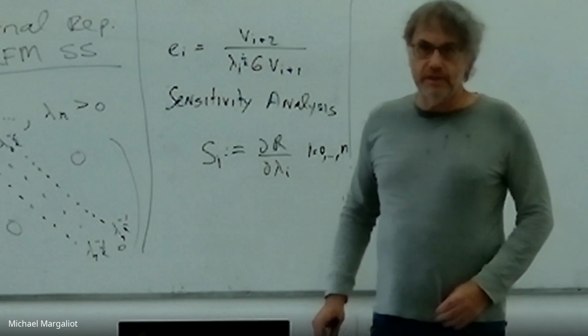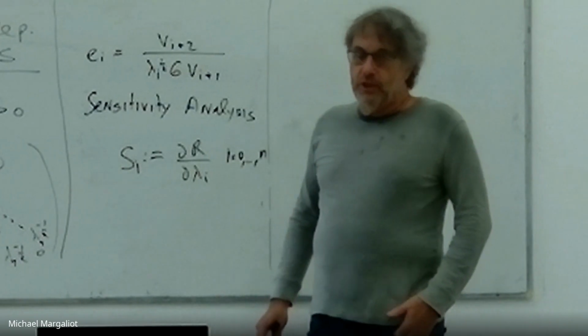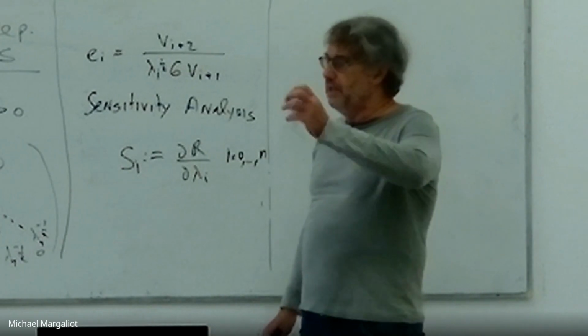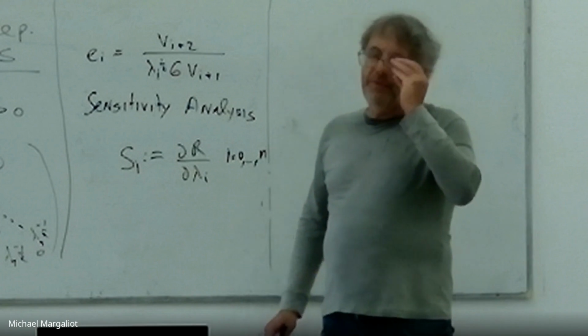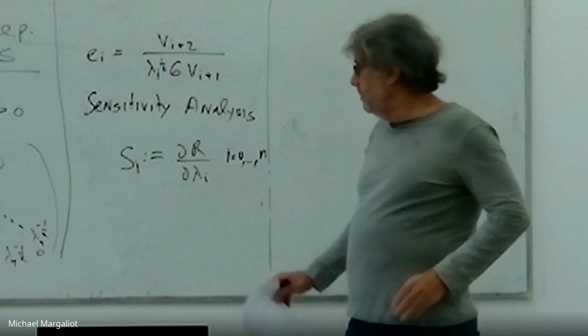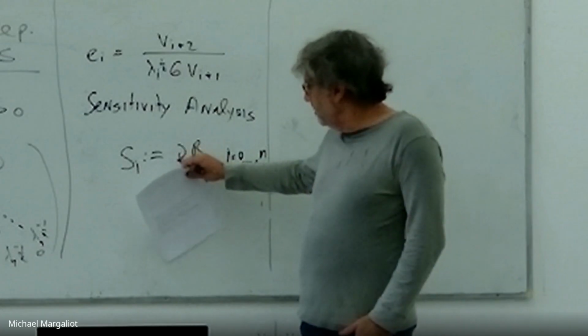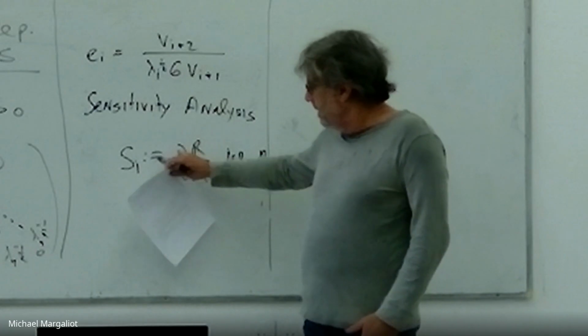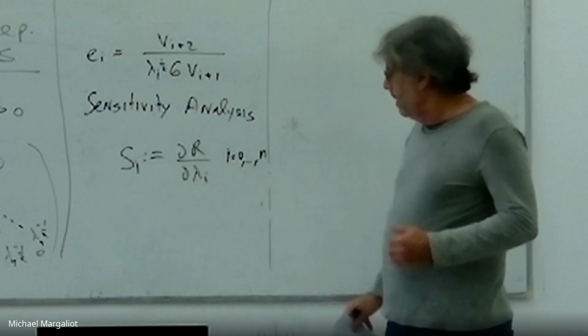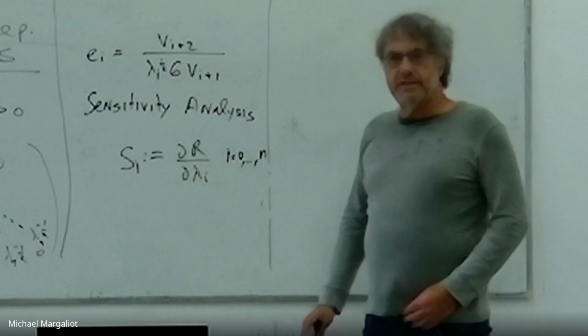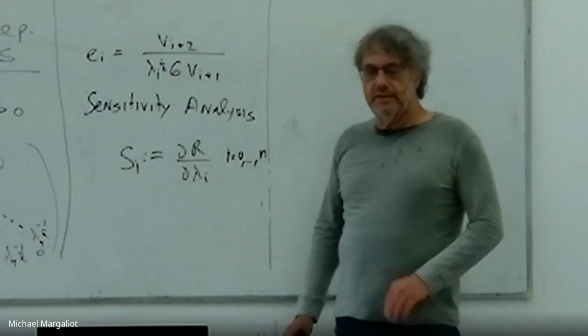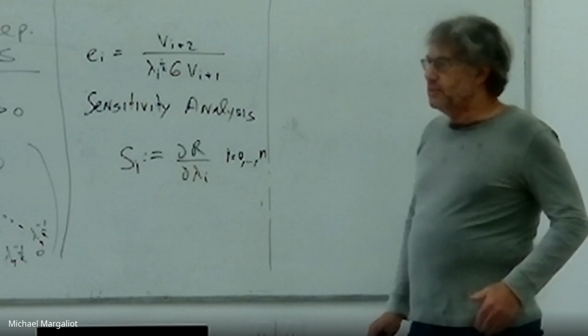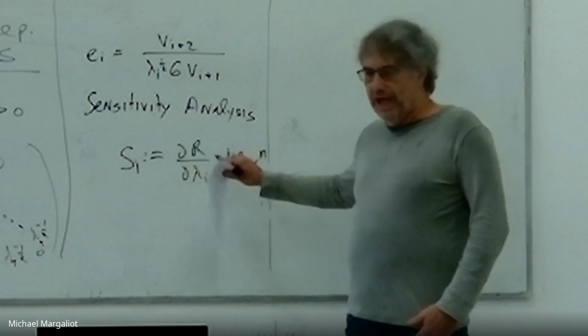This is, of course, an interesting question, because maybe I can manipulate the lambda i's, and if I'm trying to maximize R or to minimize R, this can tell me which lambda i has the largest effect and which lambda i has the smallest effect on R.